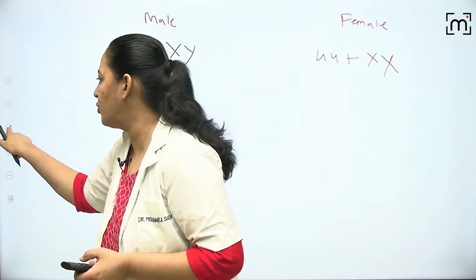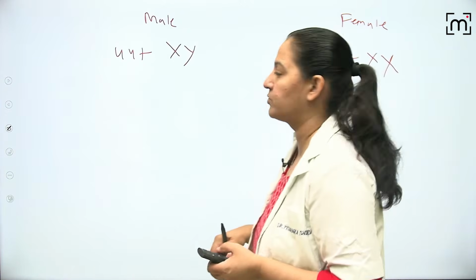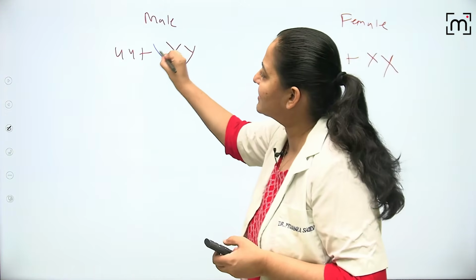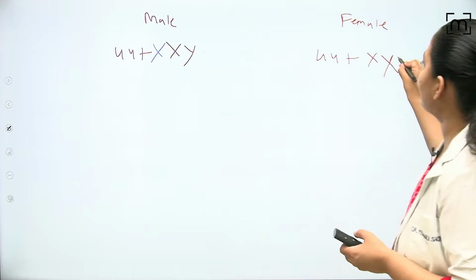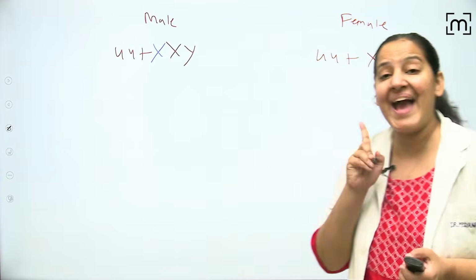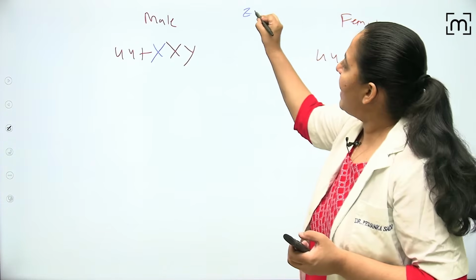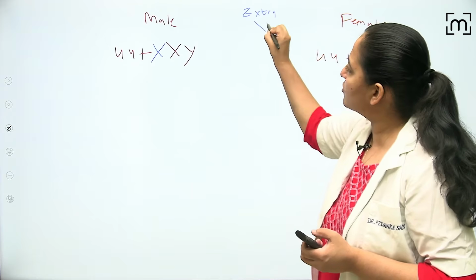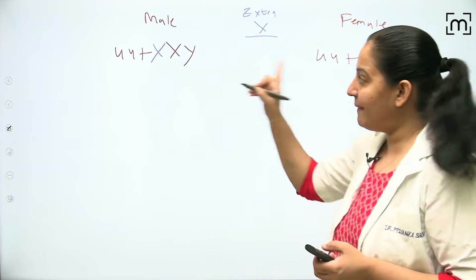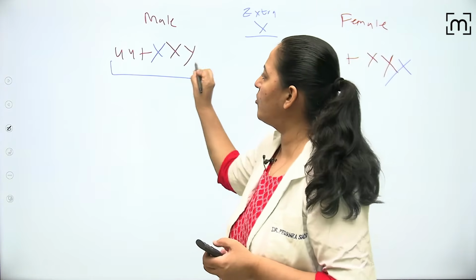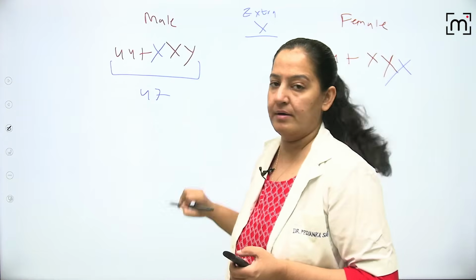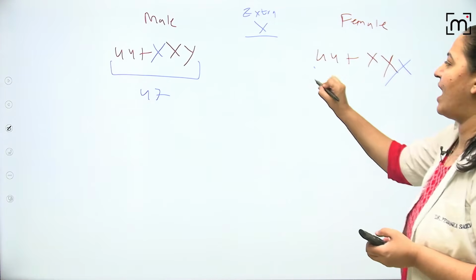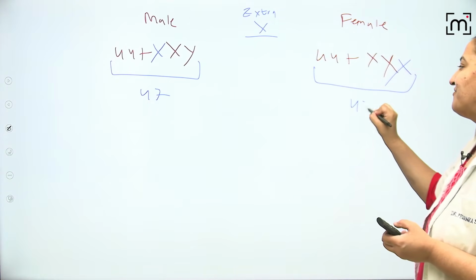Now see, I am adding the trisomy in the sex chromosome. If male has an extra X chromosome and if female has an extra X chromosome, I am adding an extra X chromosome in both of them. So if male has an extra X, total chromosomes will be 47. If female has an extra X, total chromosomes will be 47.